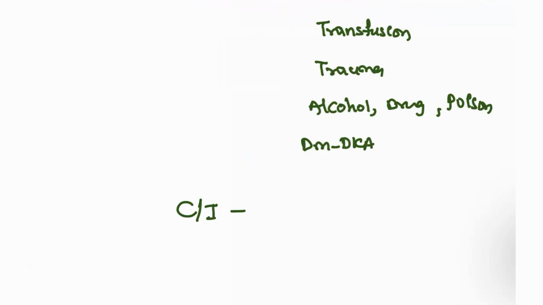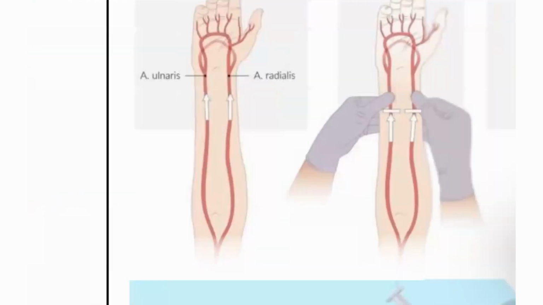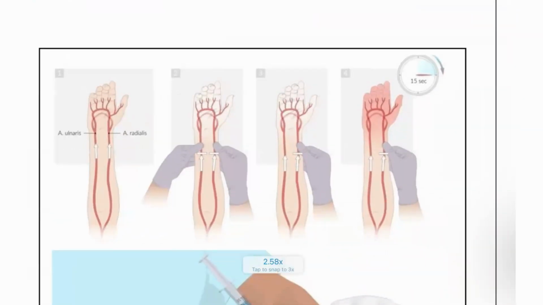It is contraindicated when the Allen test is negative. So what is meant by the Allen test? Here you can see this is known as the modified Allen test. We compress the ulnar artery and also the radial artery, and after 15 seconds we release one side of the occluded artery.